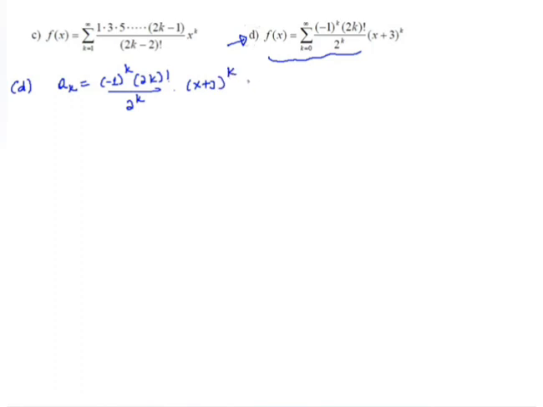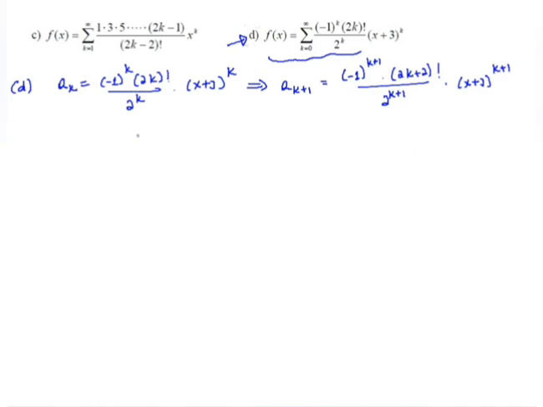Okay, so the k plus 1's term, or the next term, becomes -1 to the power of k plus 1 times 2k plus 2 factorial over 2 to the power of k plus 1 times x plus 3 the whole to the k plus 1.